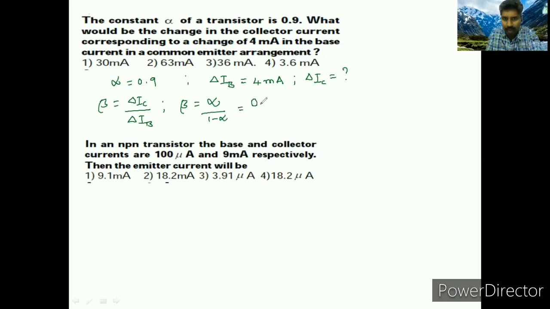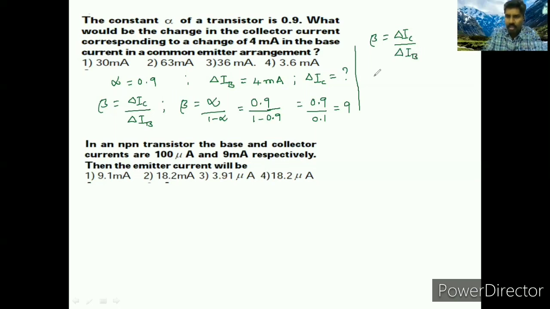So 0.9 by 1 minus 0.9, that is 0.9 by 0.1, so we get the beta value as 9. Now beta is equal to the change in collector current by the change in base current, so the change in collector current is equal to beta into the change in the base current.